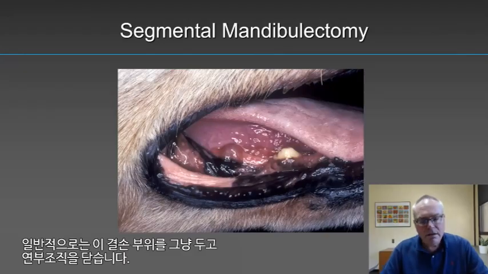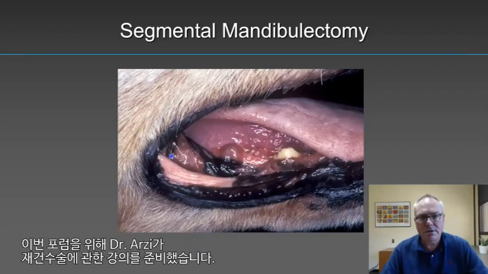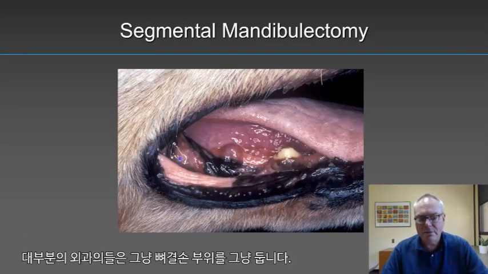And then, under normal circumstances, this defect remains a defect, and it's only closed by soft tissues. Again, my colleague, Dr. Arzi, will show how we reconstruct segmental mandibulectomies these days. But most surgeons would just leave the bony defect as is.